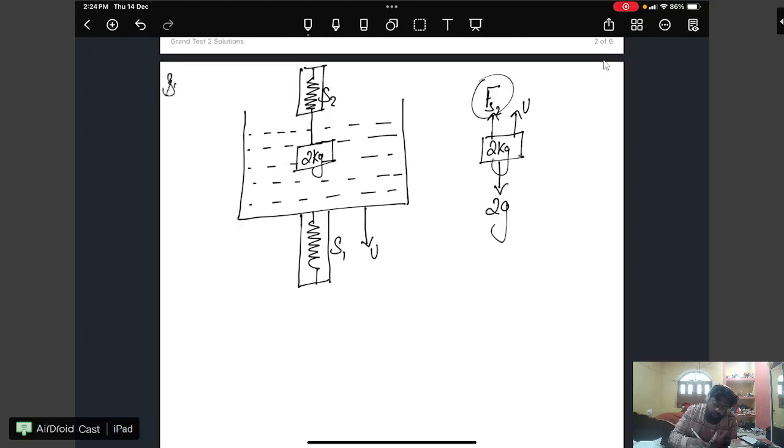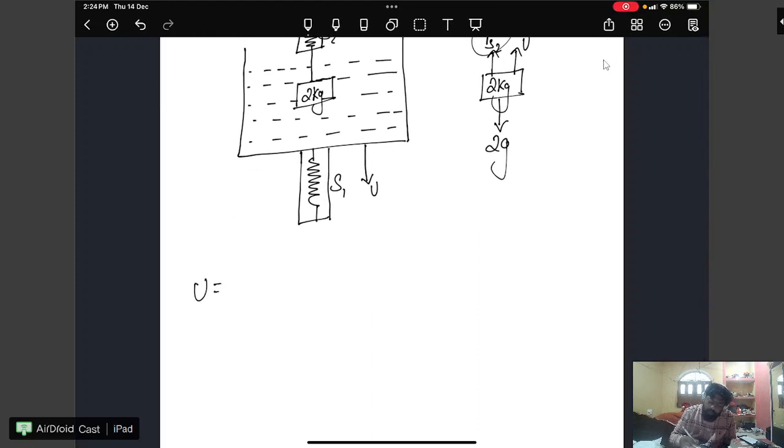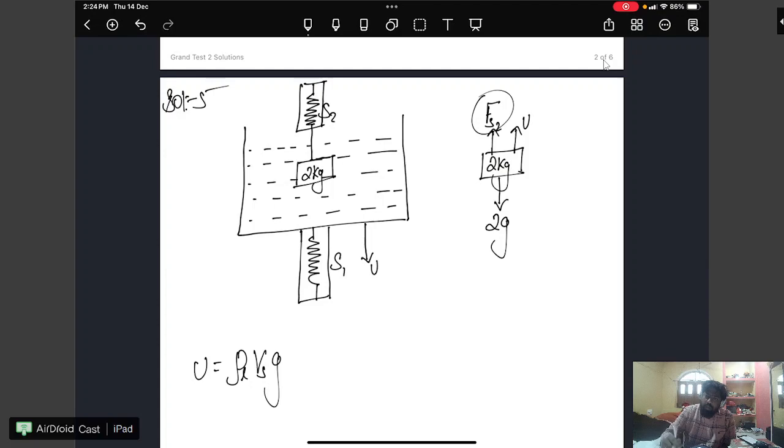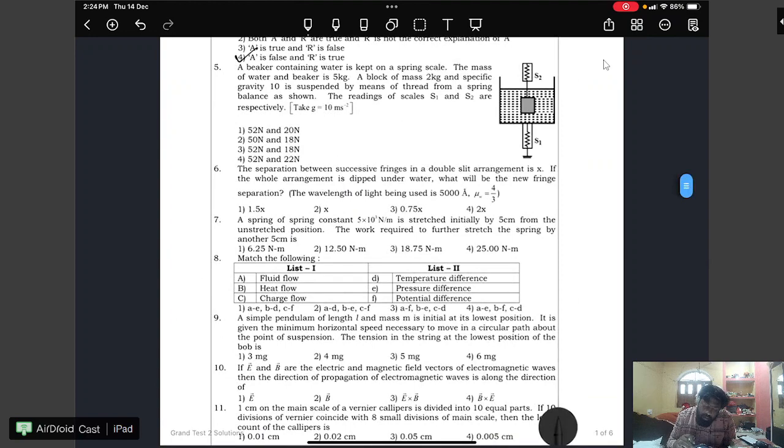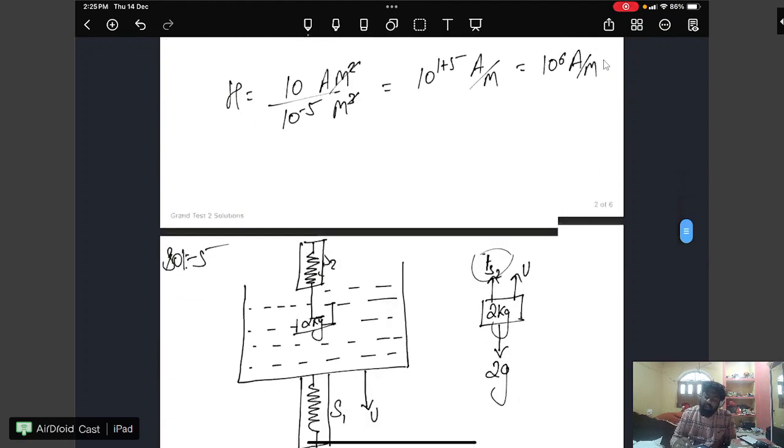So first, to find the upthrust applied by the water, U is equal to density of liquid multiplied by volume of solid multiplied by gravity, if it is fully submerged. Now the density of the liquid we don't know, but in this question we know the specific gravity.